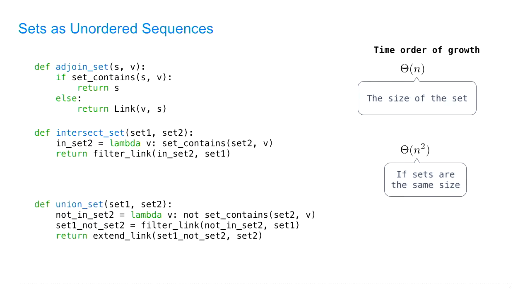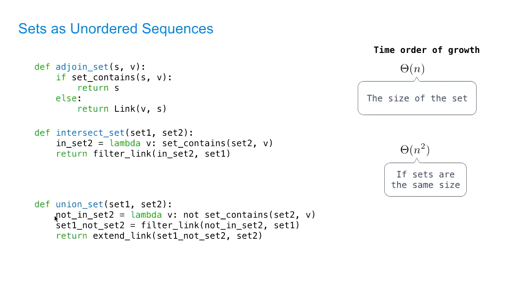Here's an implementation of unioning the sets. The reason why this is not simpler, like just extending one set with the other set, is because we want to make sure that we remove all repeats. So here's a program that takes two linked lists and gives you all the elements that are in both of them, but doesn't have any repeated elements.